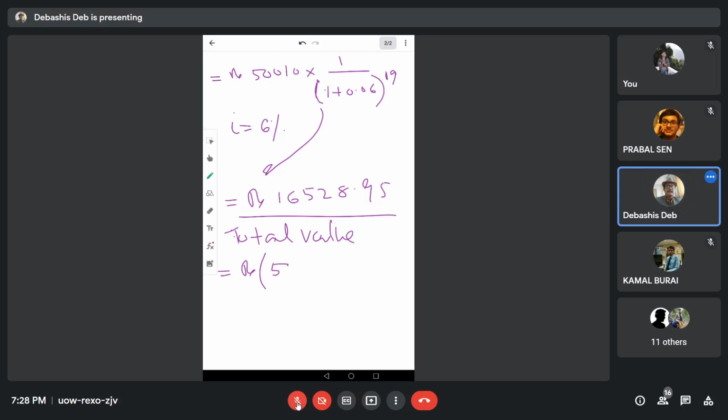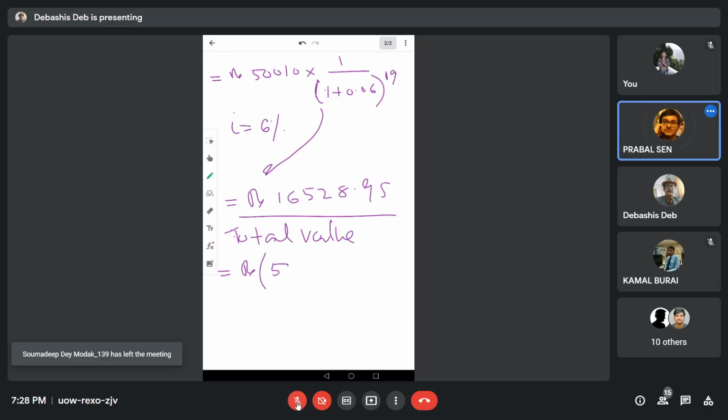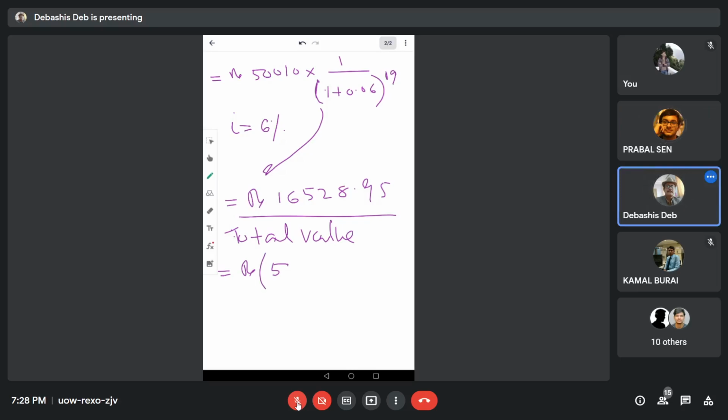For the initial 19 years, 52025. And this is 16528.95. So the summation is the total value.